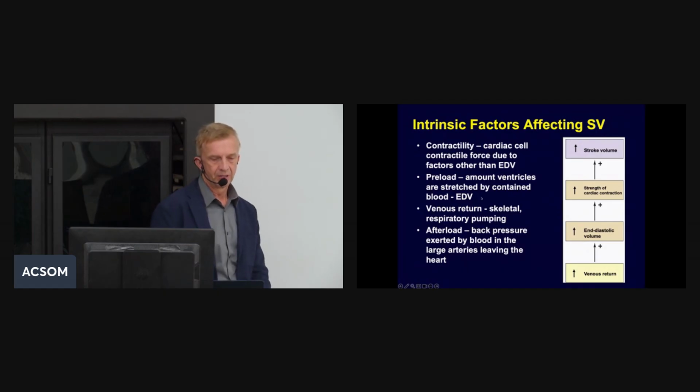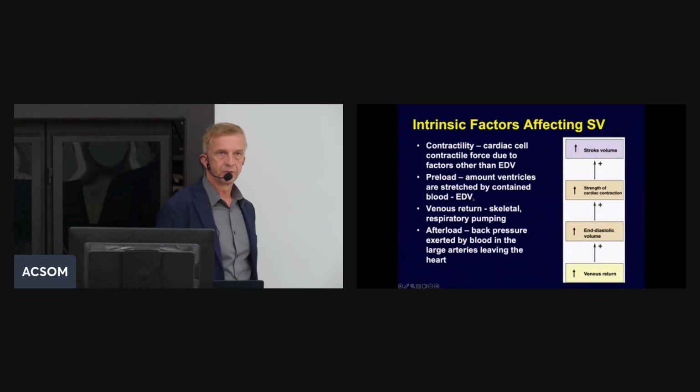So the preload is the amount of blood that the ventricles are stretched by, and it's reflected by the end diastolic volume. So if you have high preload, there is a high end diastolic volume, and it increases stroke volume by the Frank-Starling curve.